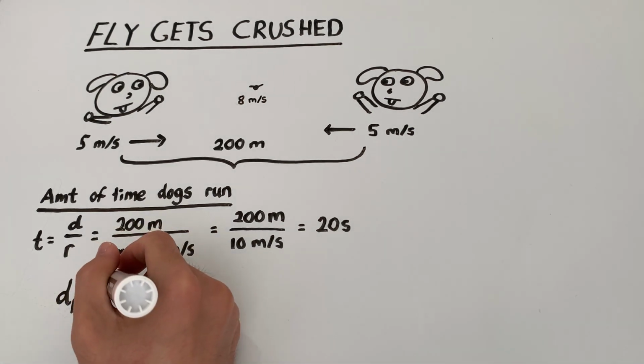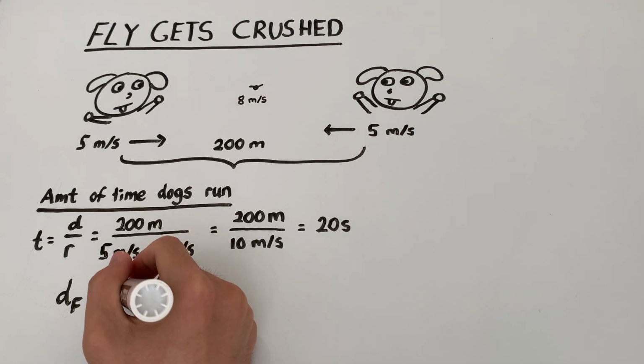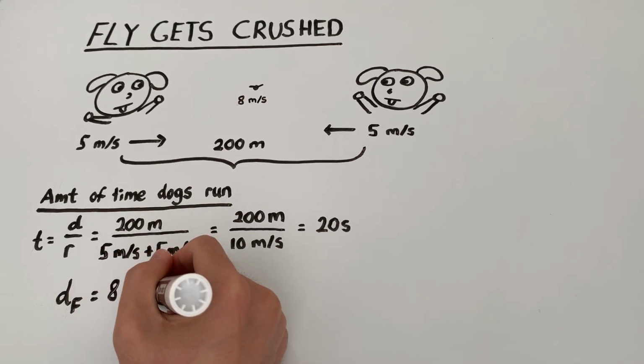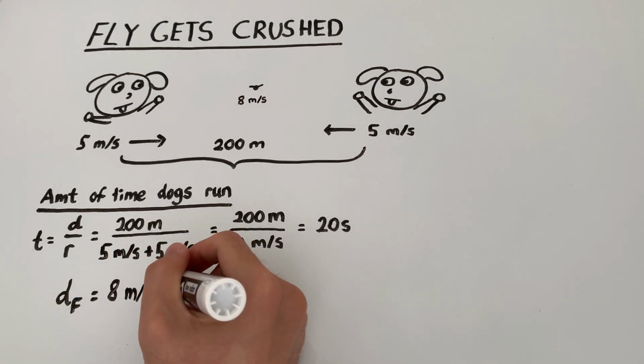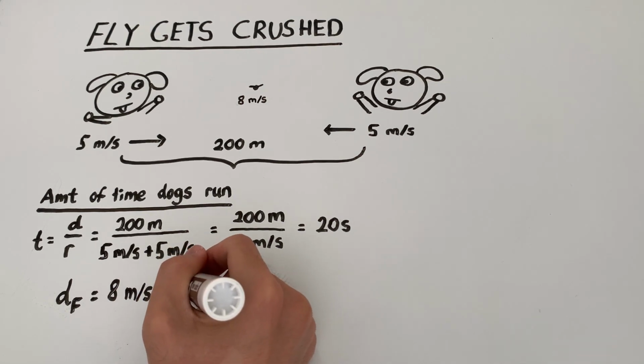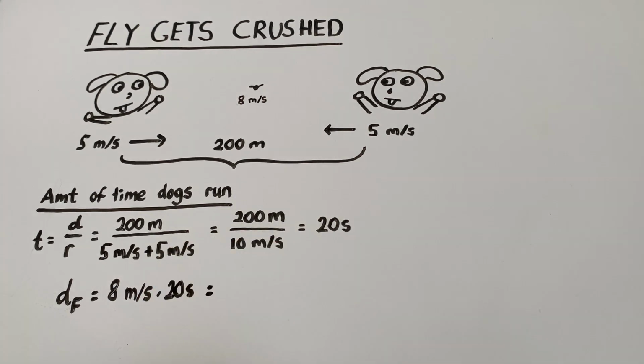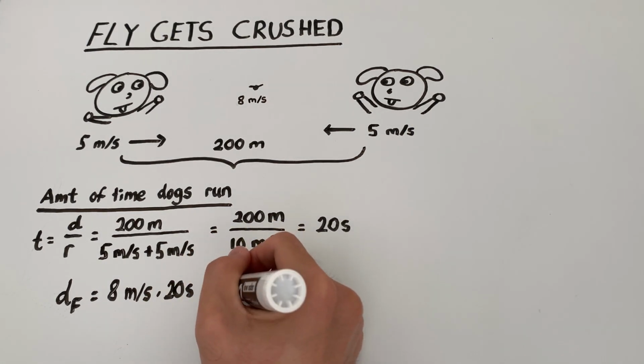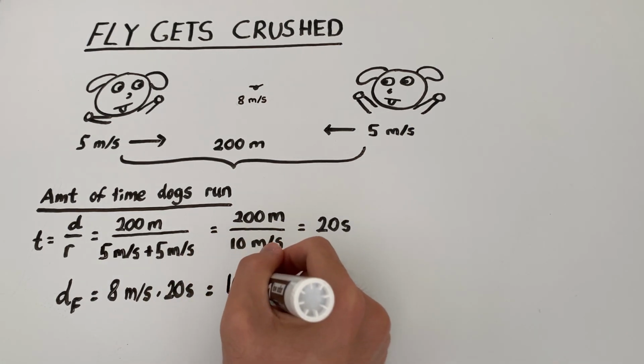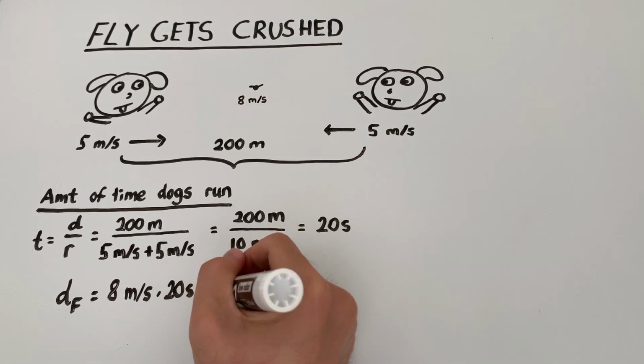So if it goes at 8 meters per second for 20 seconds, that means the fly covers a distance of 160 meters.